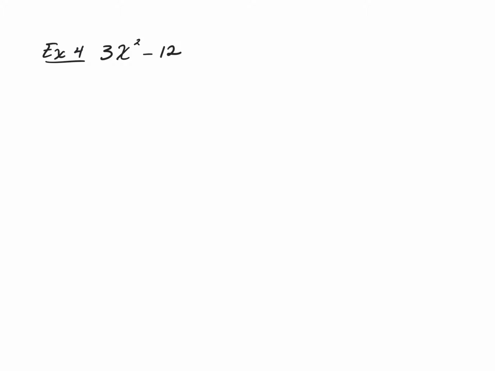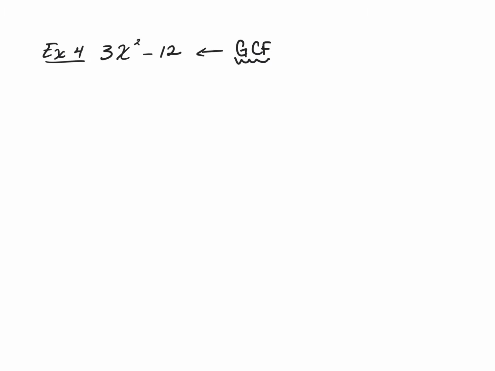Example 4 amps up the game a little bit, because this is what we call a difference of terms. At this point, I have to look at it. And when factoring quadratics, I just want to interject that the first thing we should always be looking for is a GCF.